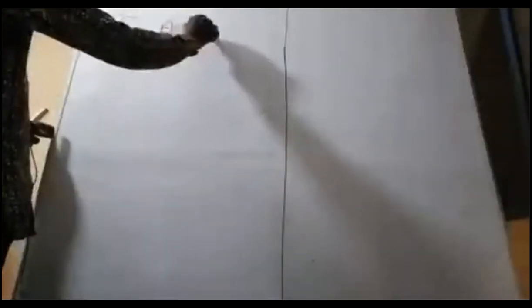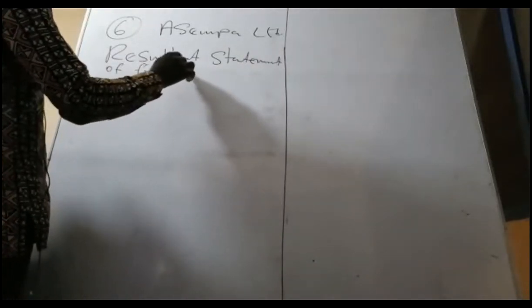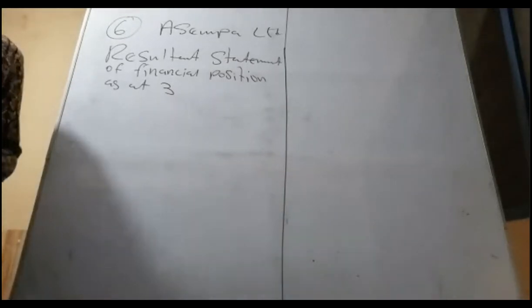So Asempa Limited, then tell the examiner that it is the resultant statement of financial position as at... we have to code the date or just after the scheme.